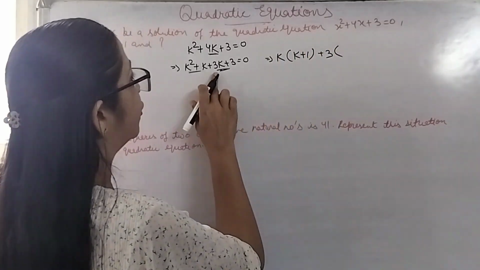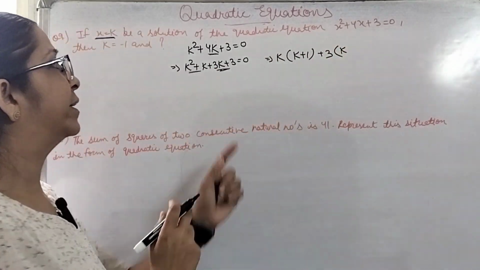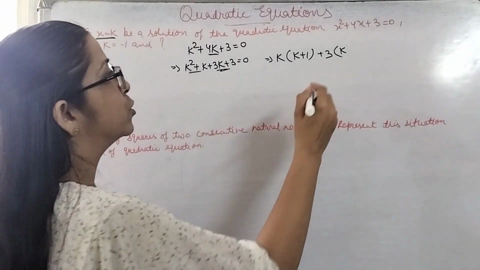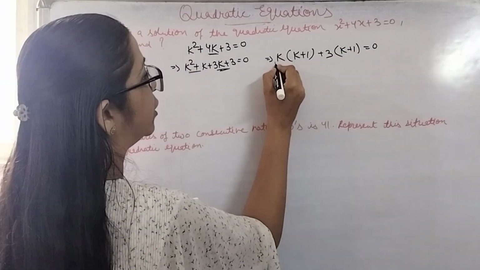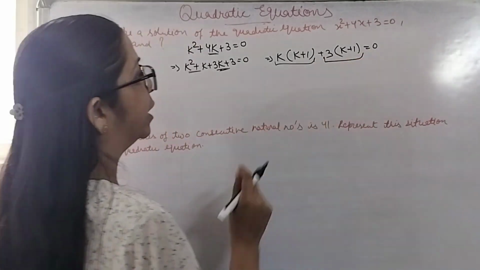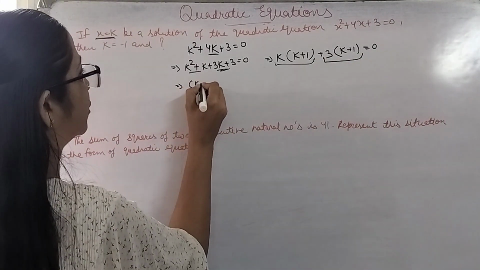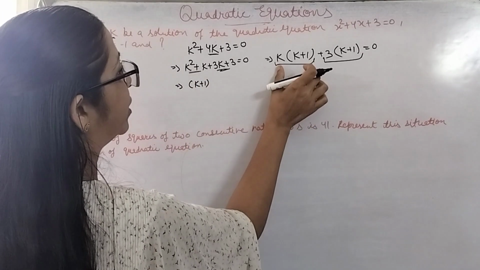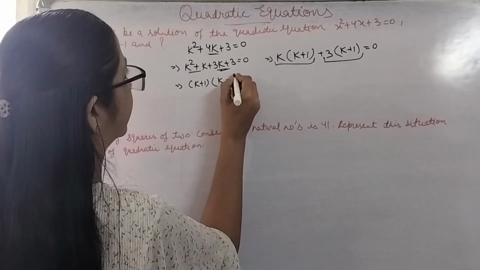The remaining part is k, and here it is plus 1, equal to 0. In both the terms k plus 1 is common, so we take k plus 1 common, and the remaining is k plus 3.